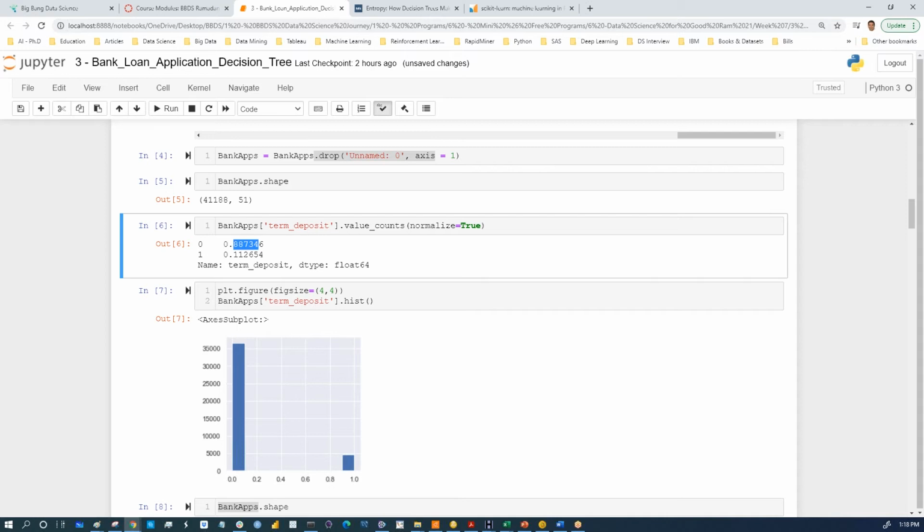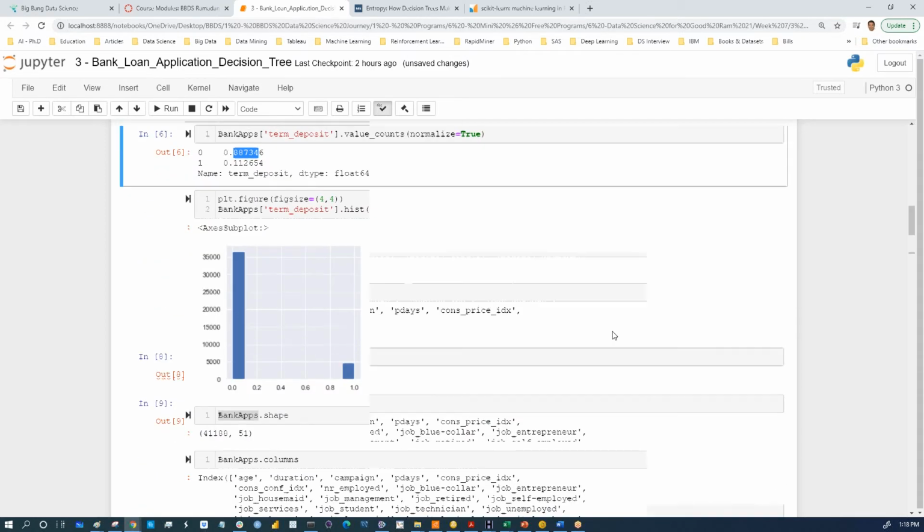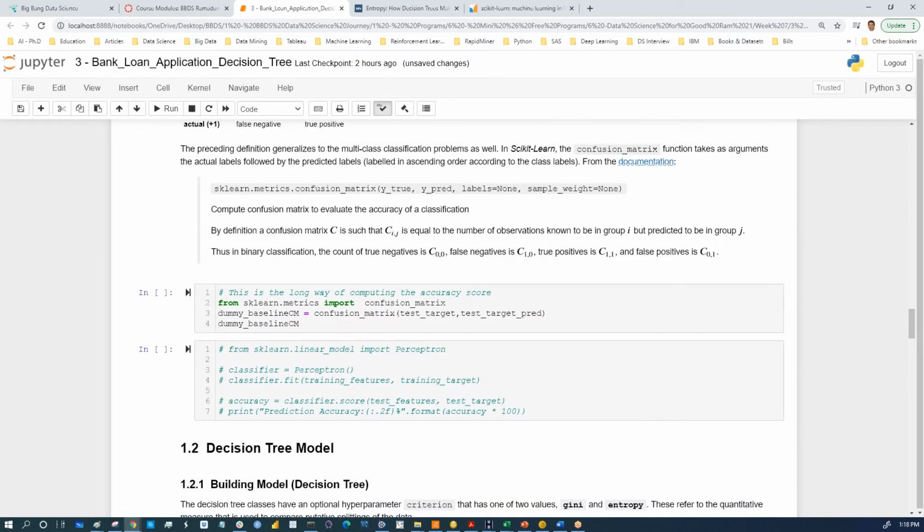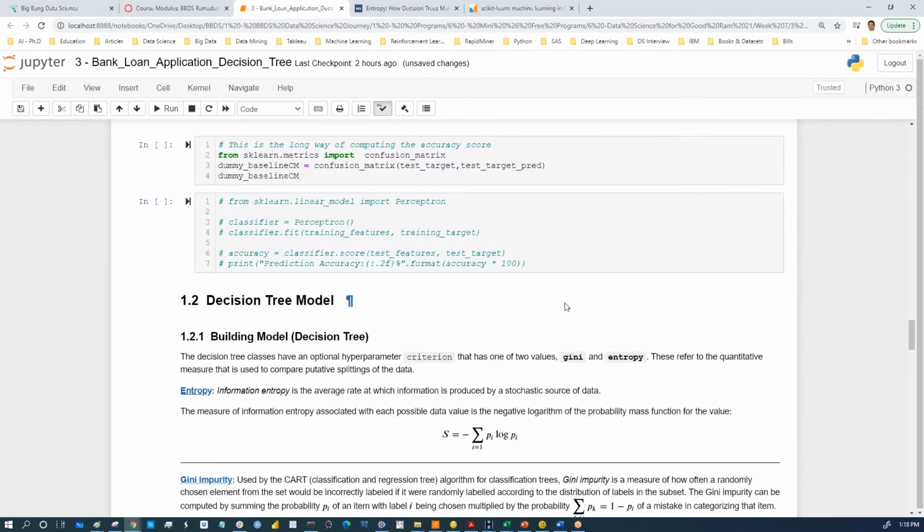So that is guessing. And now we want to import.